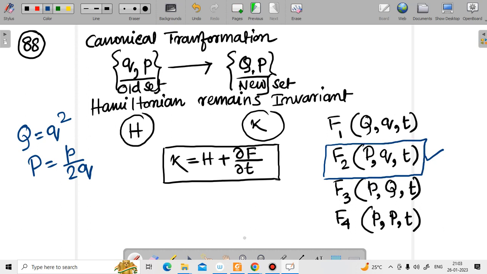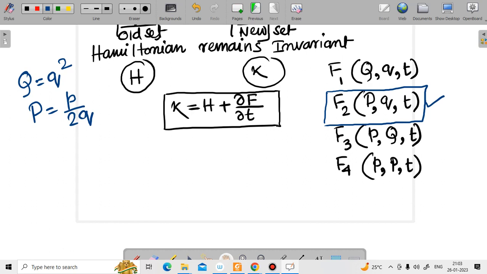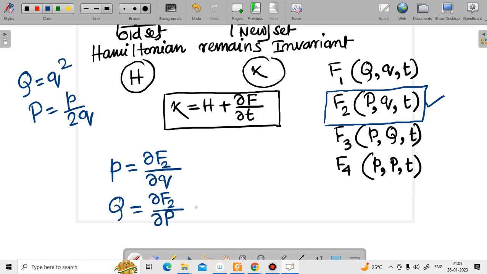For F2, the equations of motion are small p equals del F2 divided by del small q, and capital Q equals del F2 by del capital P.